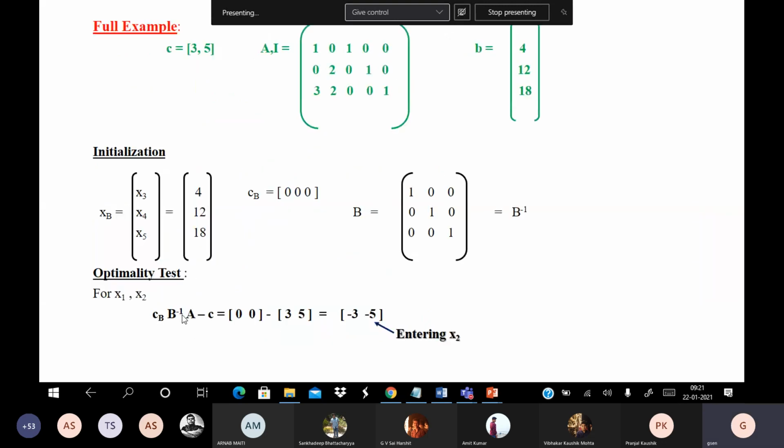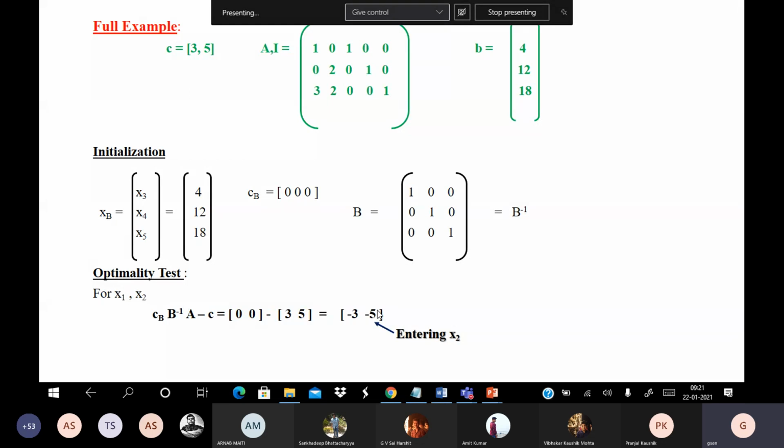Now we compute this and get -3, -5. Observe very carefully because you have to do the next iteration. If you have any question, you can ask how I am doing this, why I am doing this, right? Any question you can ask. Okay, so -3 and -5 we are getting.